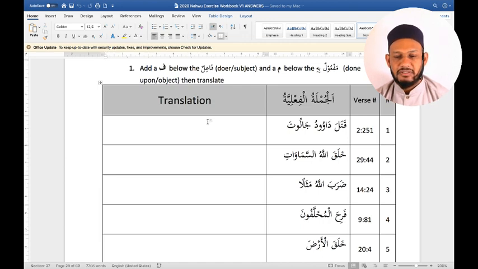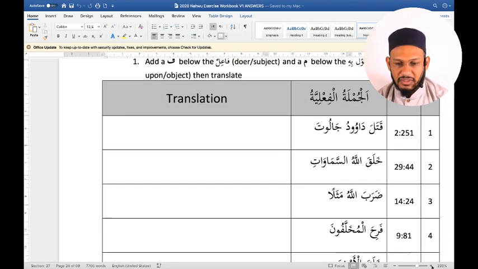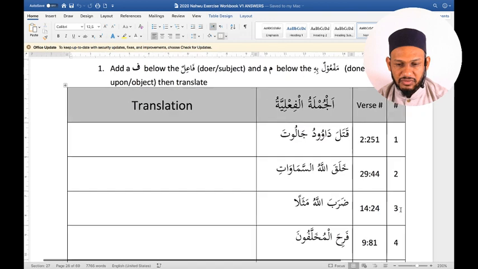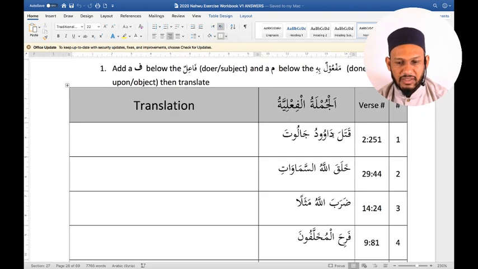So the first sentence reads, قَتَلَ دَاوُودُ جَالُوتَ. قَتَلَ means killed, and therefore I look for at the end, nothing there. I look to the left, I see Dawood and Jalut. So Dawood is David and Jalut is Goliath, in the famous story. So who killed who?